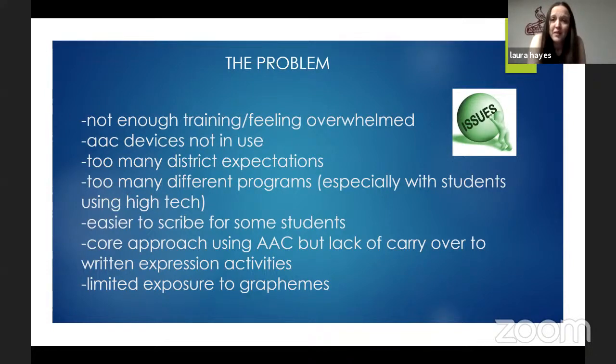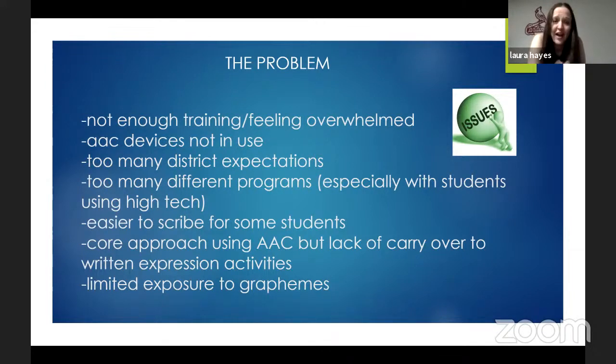So along those same lines, when we see the device put to the wayside, we will also see that some of our staff are scribing. And when I say scribing, I mean that they're writing for our students. That is maybe one of my pet peeves, because when we see scribing, we often see what the staff or communication partner thinks that the student wants to say versus what the student is actually trying to say.